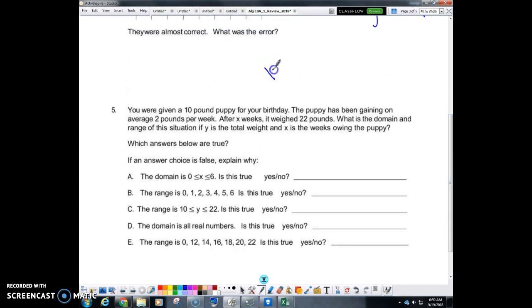So I have X, which is weeks, and Y, which is pounds, right? So when we first got it, which would be week 0, the puppy weighed 10 pounds, right? So this right here is when we first started.